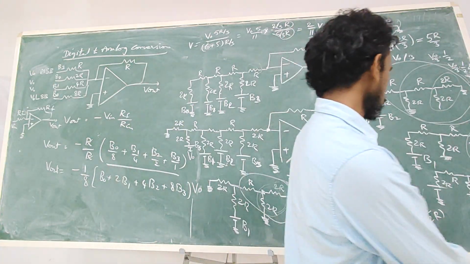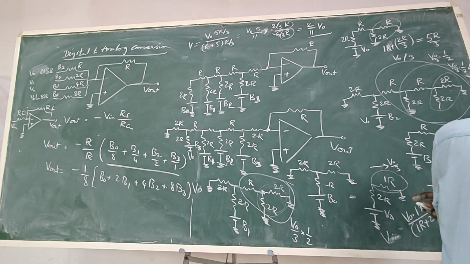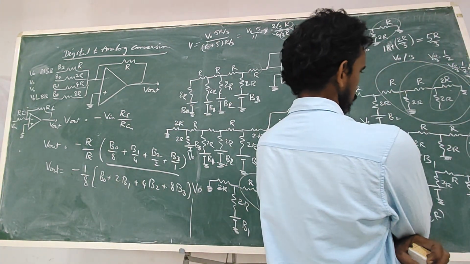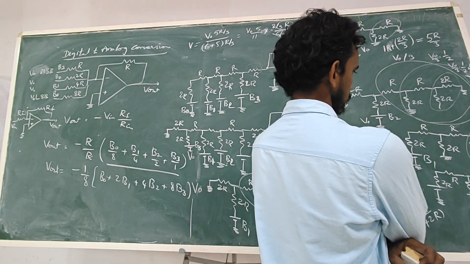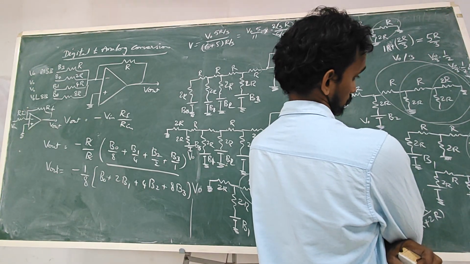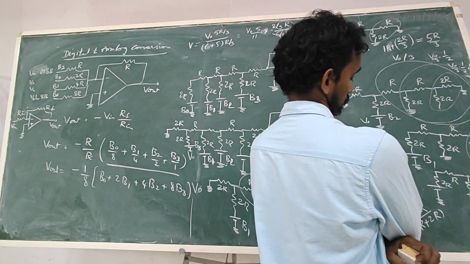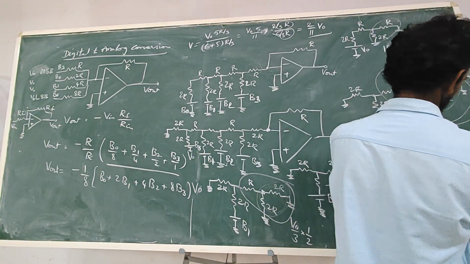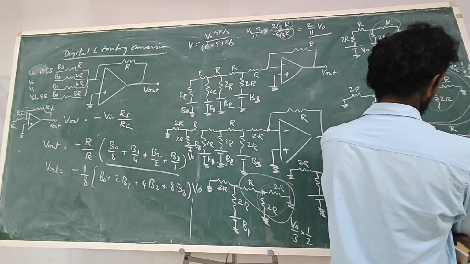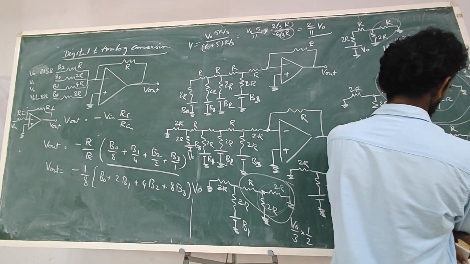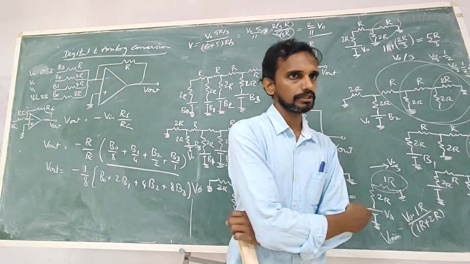So 5R by 3 and 2R in parallel. That is what? R1 R2 by R1 plus R2. 2R can be written as 6R by 3.